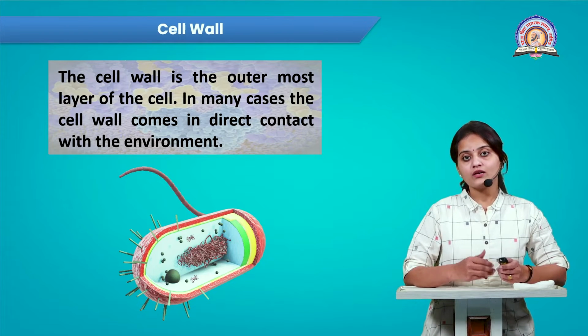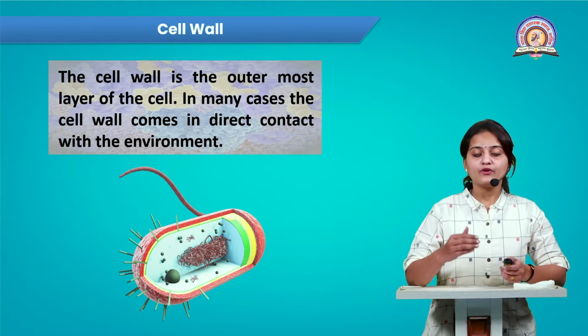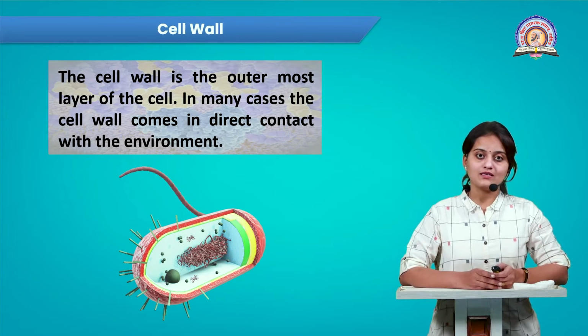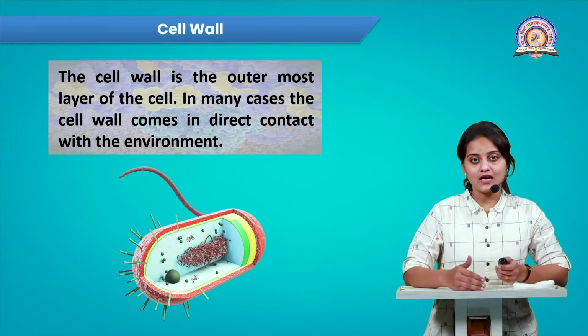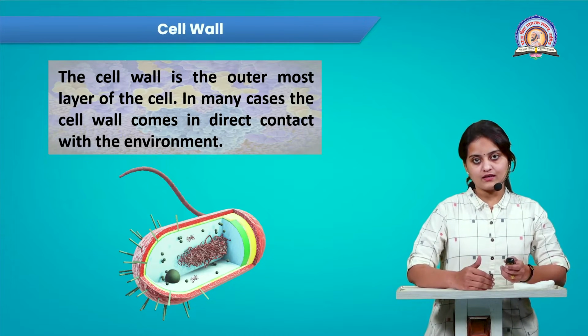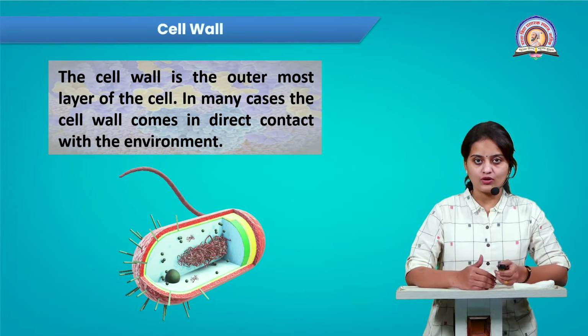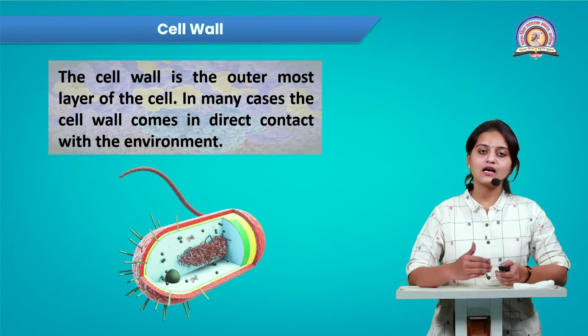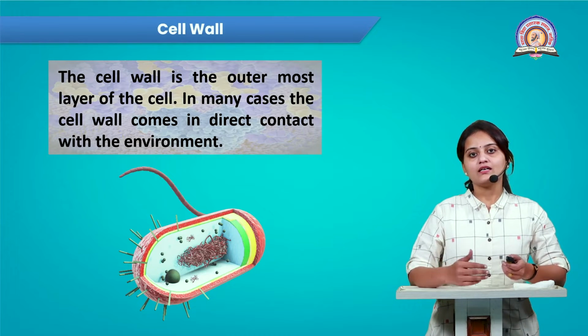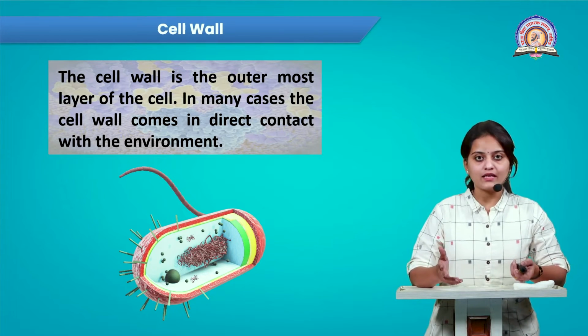Today we are going to discuss the different types of organelles associated with the bacterial cell, and we will start from the most exterior portion of the cell, and that is the cell wall. The cell wall is the outermost layer of the bacteria and it has direct contact with the external environment.